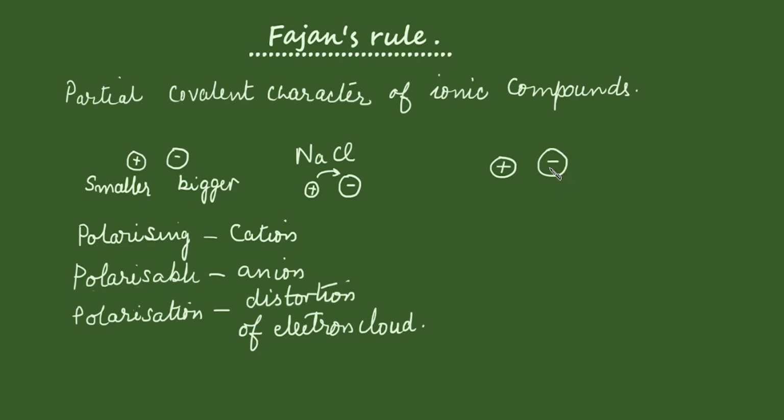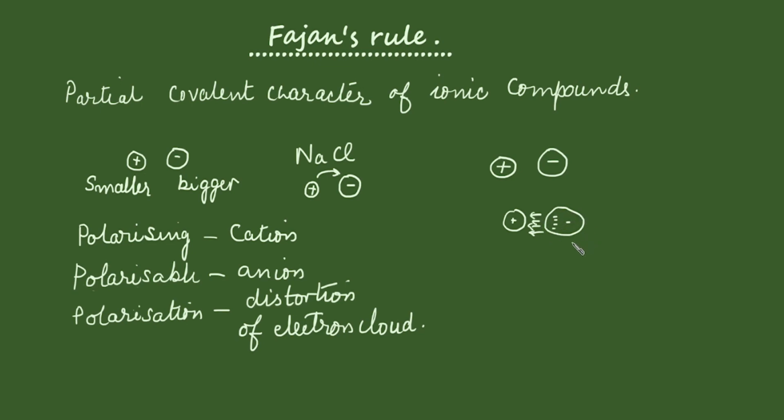Due to the influence of the cation, the electrons of the anion will have a tendency to move towards the positive charge or the cation. As a result of the pull of the cation, the electron cloud of the anion will get distorted. That is, some of the electrons of the anion will be present on the side of the anion nearer the cation.